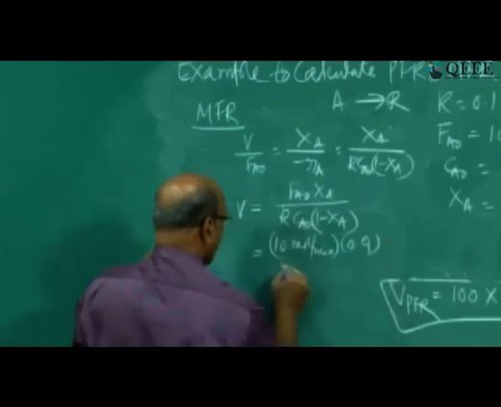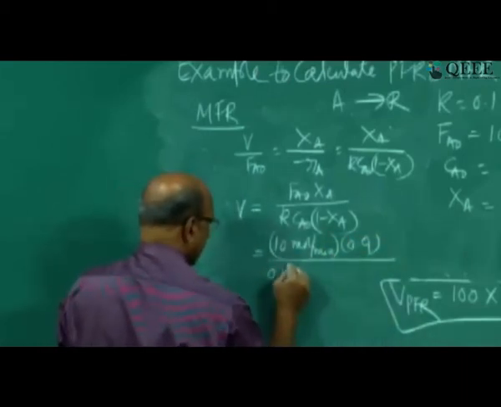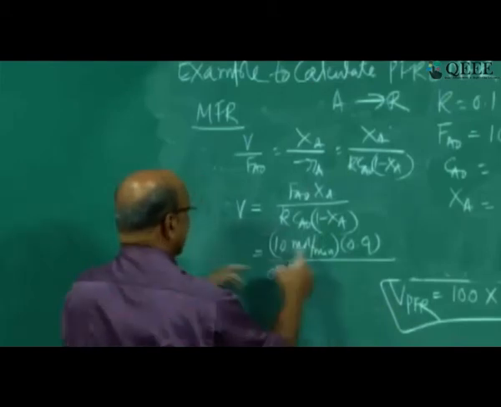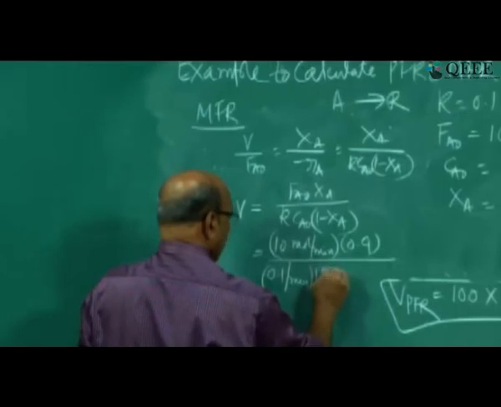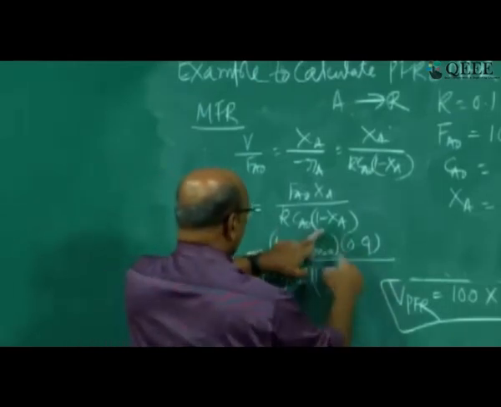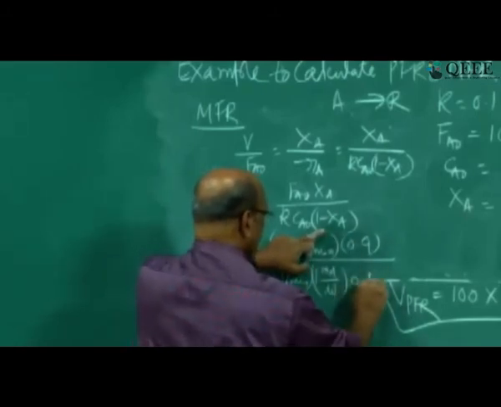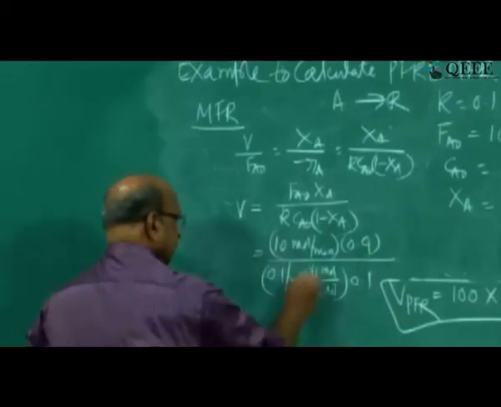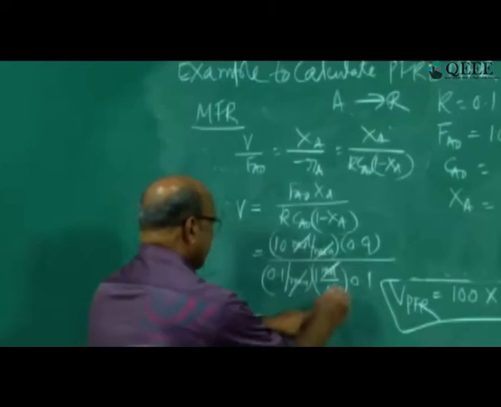And K value is 0.1 per minute. Ca0 is 1 mole per liter, and 1 minus Xa equal to 1 minus 0.9, it is 0.1. There are no units. Again let us cancel. Minute gets cancelled, mole gets cancelled, so everything you get only in terms of liters.